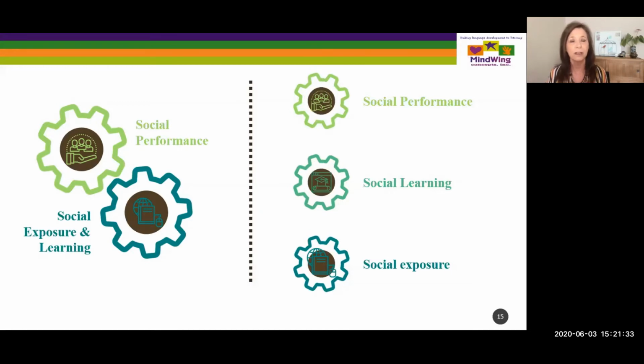Our social learning will progress and grow. However, on the right side, these cogs have separated. Our job in social cognition and social learning is to bridge from the social exposure to the social learning, to really focus on the social learning with things like the story grammar marker and the critical thinking triangle, as we're then bridging again to help students improve their ultimate social performance.